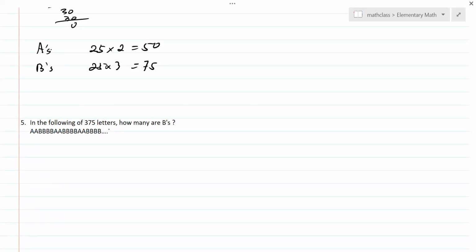Then you count the number of blocks in the sequence. It's a finite sequence. You only have 307 letters. It stops somewhere, and there's probably a partial block.